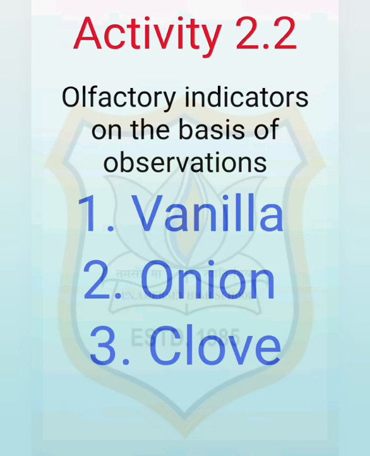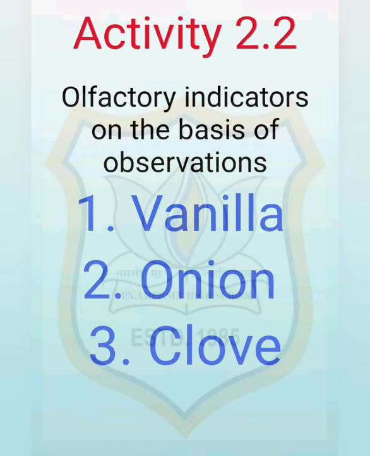Now take two of these cloth strips and check their odor. Keep them on a clean surface and put a few drops of dilute HCl solution on one strip and a few drops of dilute sodium hydroxide NaOH solution on the other. Rinse both cloth strips with water and again check their odor. Now note the observations. Now take some dilute vanilla essence and clove oil and check their odor.